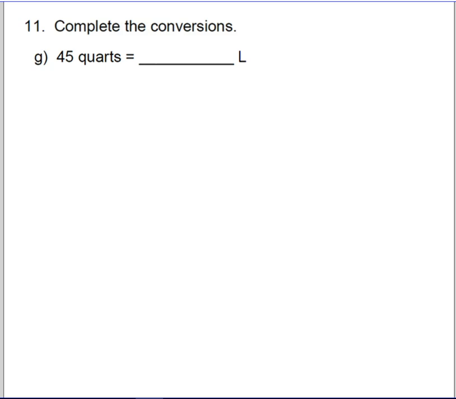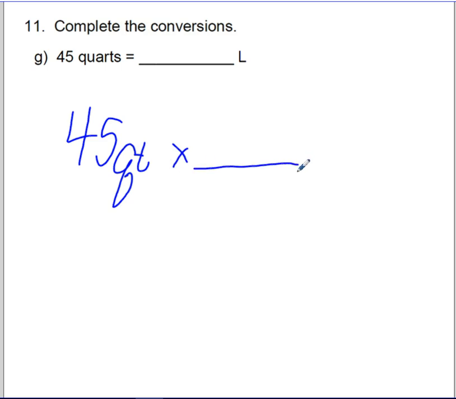For G, we're going from quarts to liters. And so 45 quarts. We want to get rid of quarts and keep liters. And again, I like to use the unit conversion where we multiply.